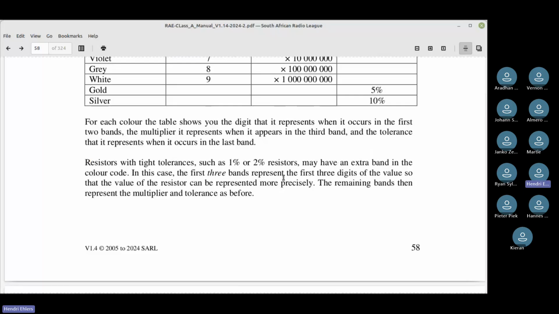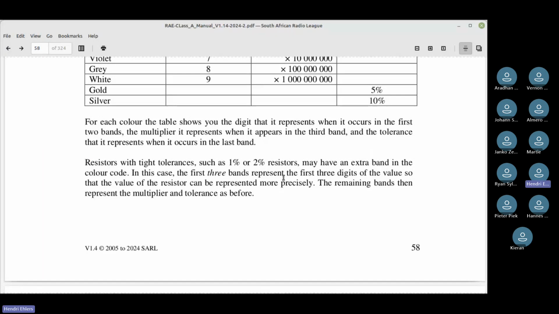So you read it from the side which is not gold or silver, and there's usually a space between the tolerance and the actual value. So the bands that are close together, that's where you start reading. Write the first one down, write the second one down, and the third one is your multiplier. If there's four bands, you'll write the first three down, and the last one is your multiplier.